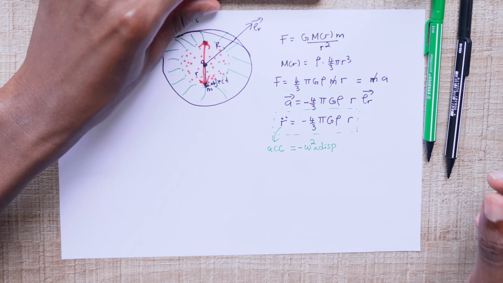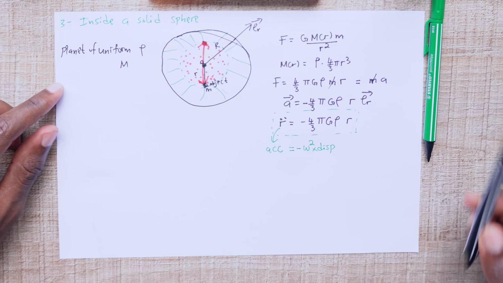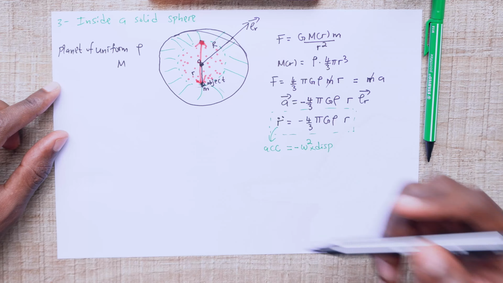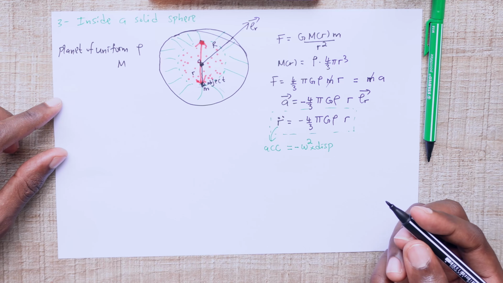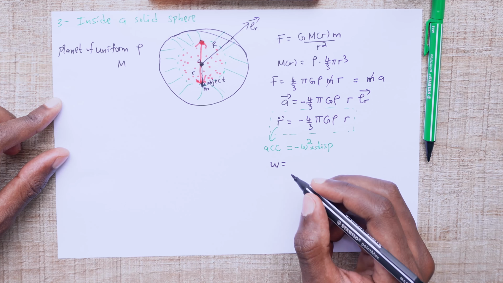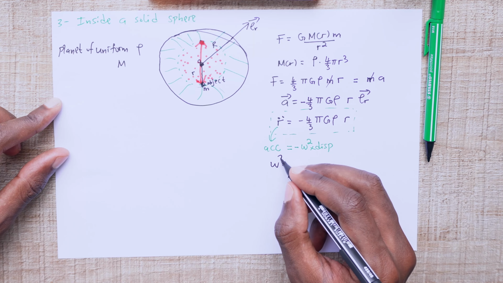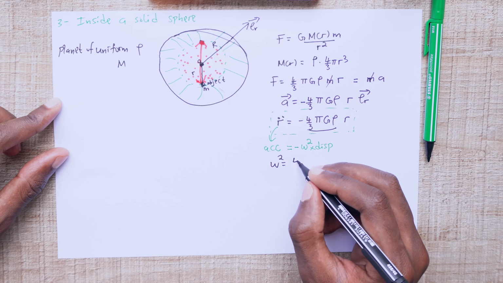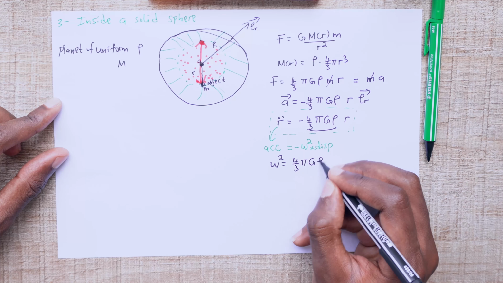And we can go further to calculate the period of these oscillations. Omega squared would be just the coefficient, so this term, 4/3 pi g rho.